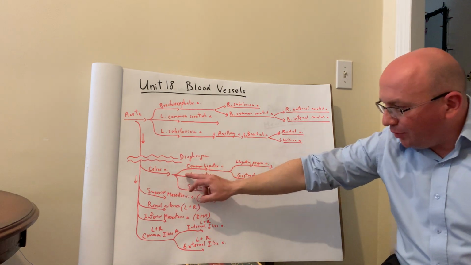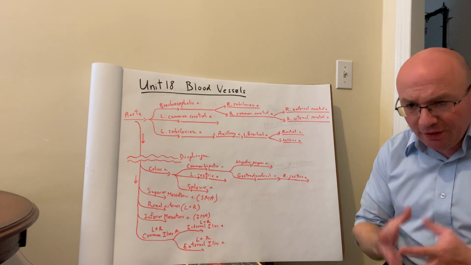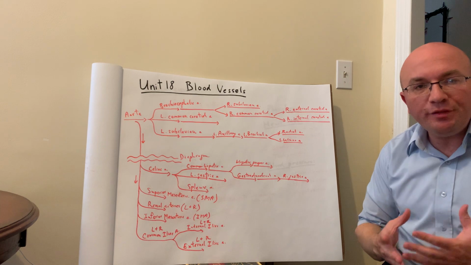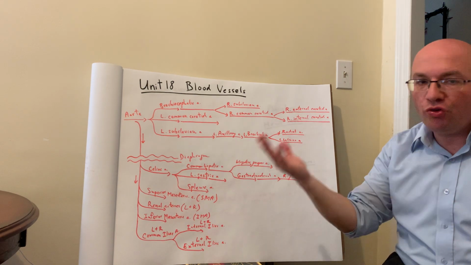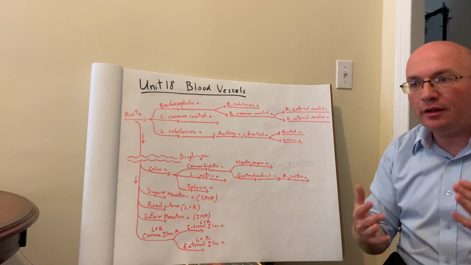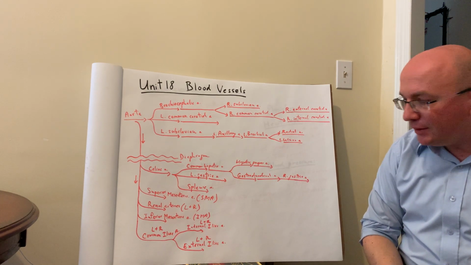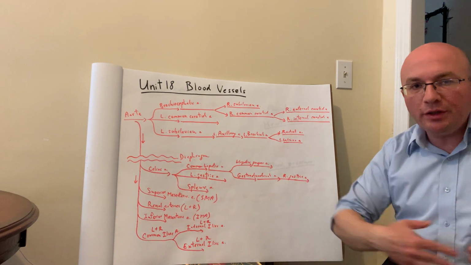Coming back to the celiac, we also have the left gastric artery, that's for the left side of the stomach. Even though the stomach is a medium-sized organ, it does have a very significant blood supply, as it's important for its function, and it receives blood from the right and left gastric arteries, at the very least. And then the third branch of the celiac trunk is the splenic artery, going to the left.